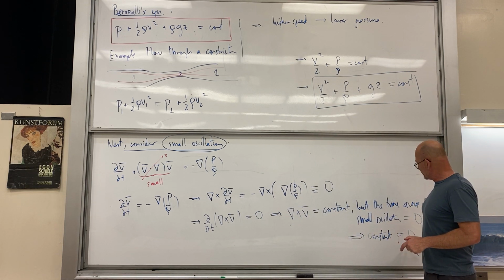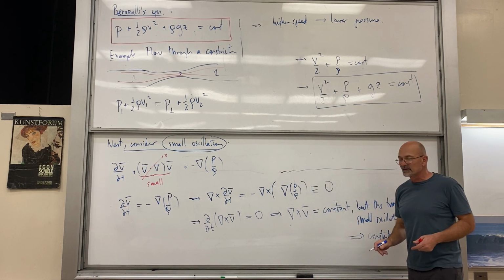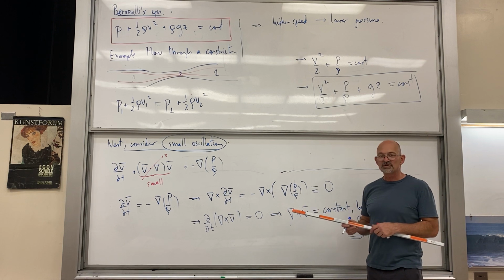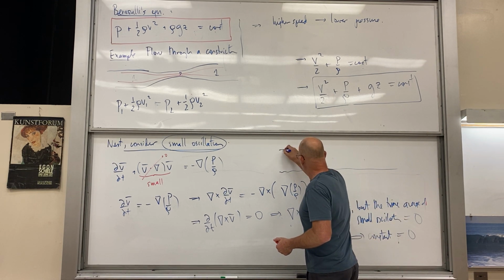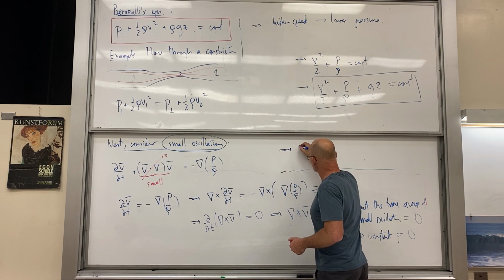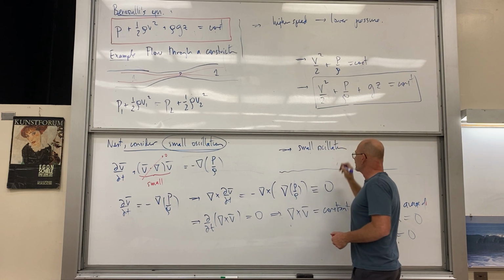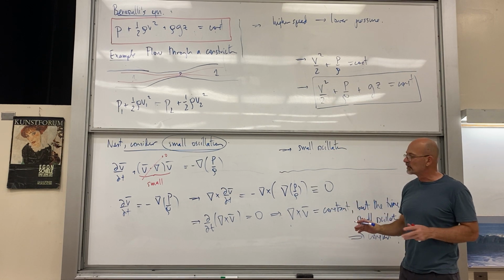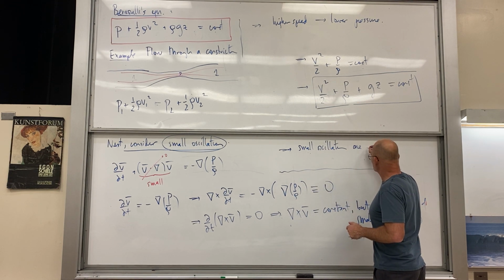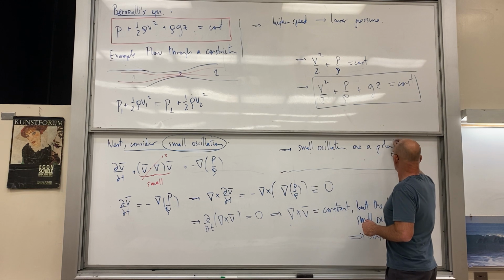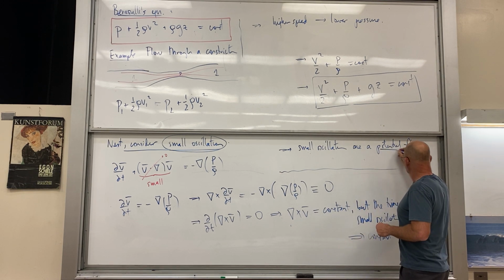And if the curl is 0, then we have a potential flow. So small oscillations in a fluid, or flows due to a small oscillation, are a potential flow. And what's so good about a potential flow?